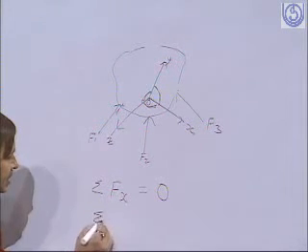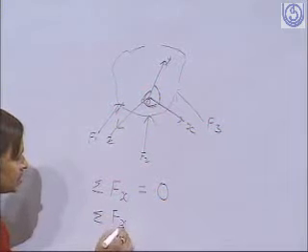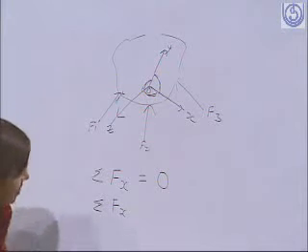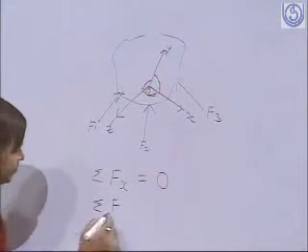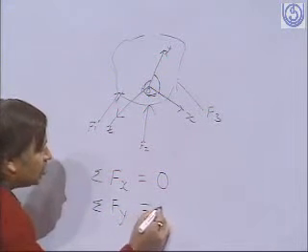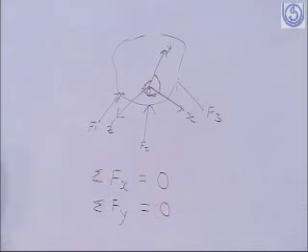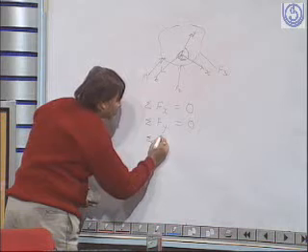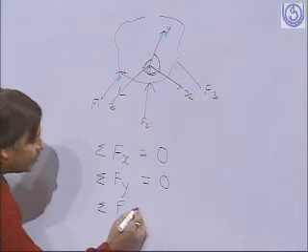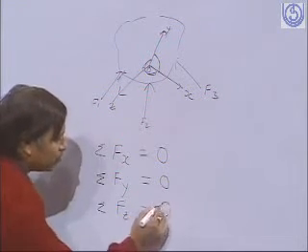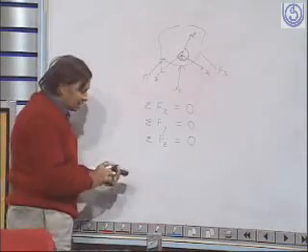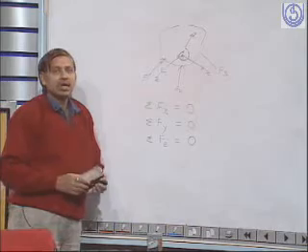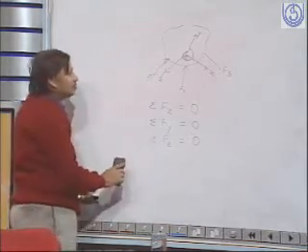Again, the sum of components of all the forces acting on the body in the y direction should be equal to 0. Similarly, the sum of components of all the forces acting on the body in the z direction should be equal to 0. Now the question arises why it should be equal to 0 for a static equilibrium.